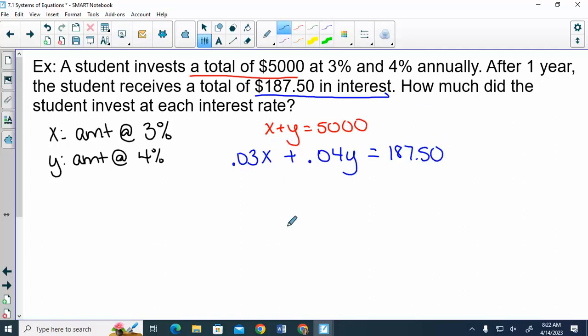Alright. Would substitution or elimination be easier on this one? We could do either way. We haven't done any elimination today. Let's do one. If I want to eliminate my x, what would I do? What about negative 0.03? Multiplied by the first equation.